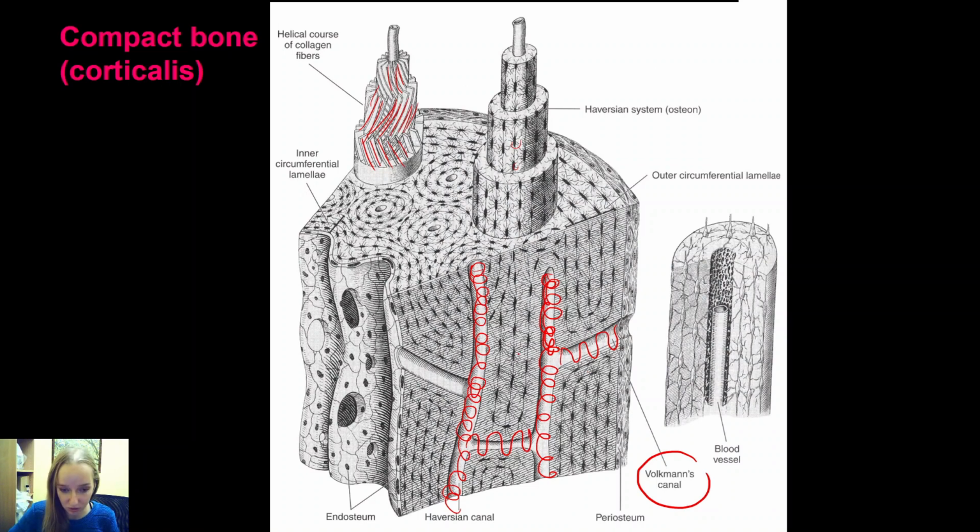I'm going to show you some pictures. Just remember right now, in order to really nourish the bone, you need this system, because Haversian canals and also Volkmann's canals contain loose connective tissue with vessels. So we need to connect everything together, and then it's nourished by the processes of osteocytes, these filopodia.